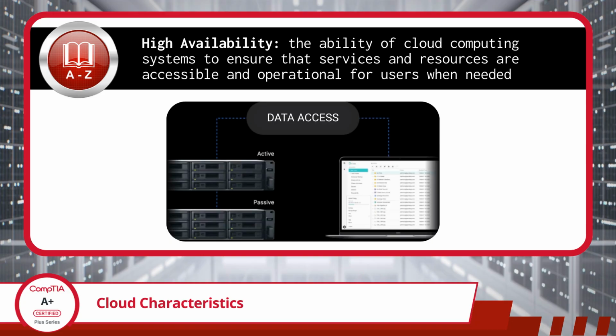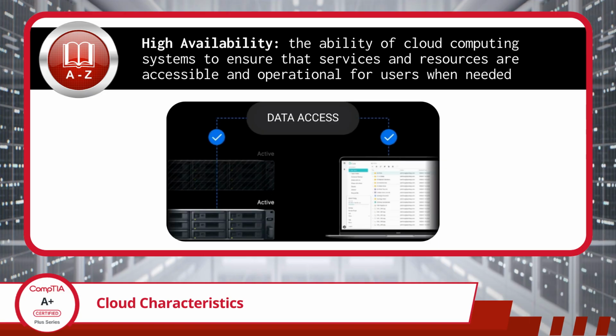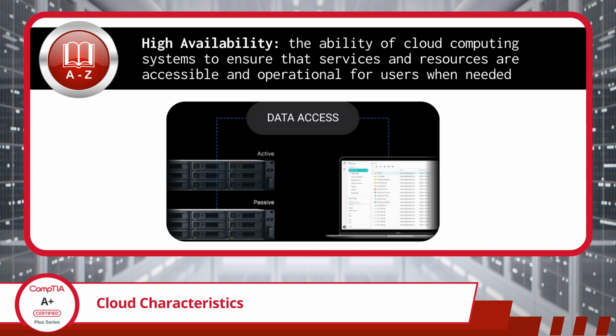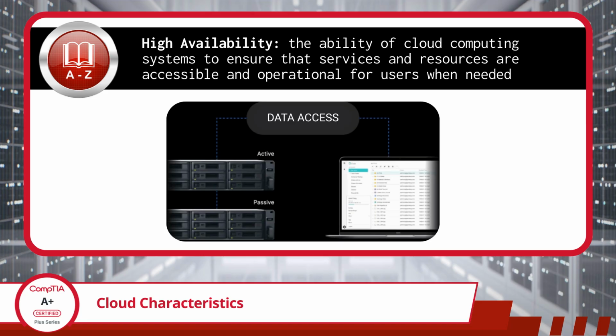This includes measures to prevent a single point of failure, ensuring that if one component fails, redundant systems can immediately take over without interrupting service. Additionally, cloud environments can quickly fail over to another server, data center, or region in the event of an outage, further enhancing availability and resilience.